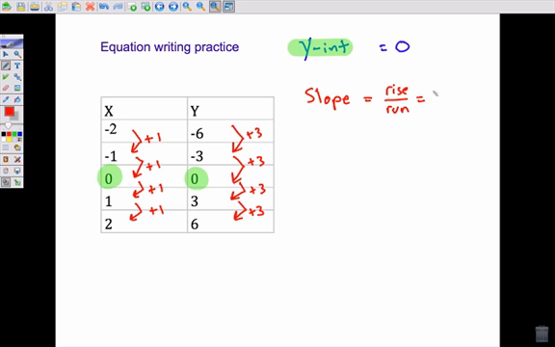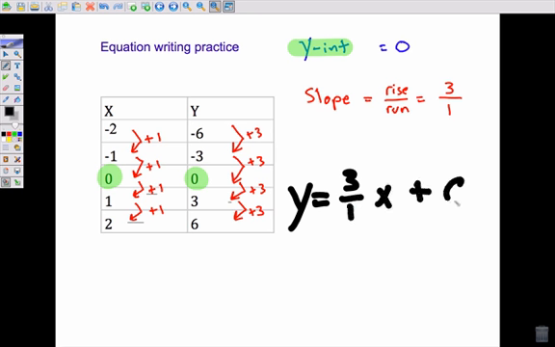So the rise over run, the rise is 3, the run is 1, which gives me a slope of 3 over 1. So when I go to write my equation for this table, this is going to be y equals 3 over 1 x plus 0.